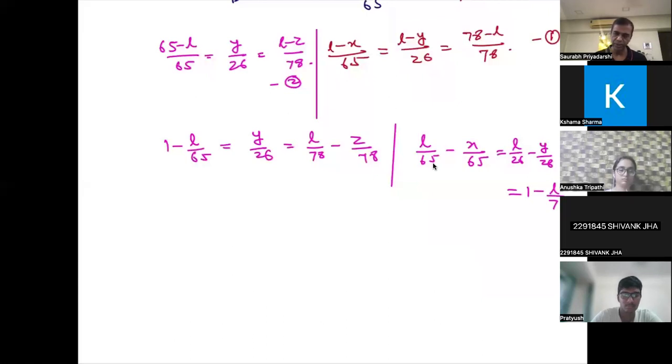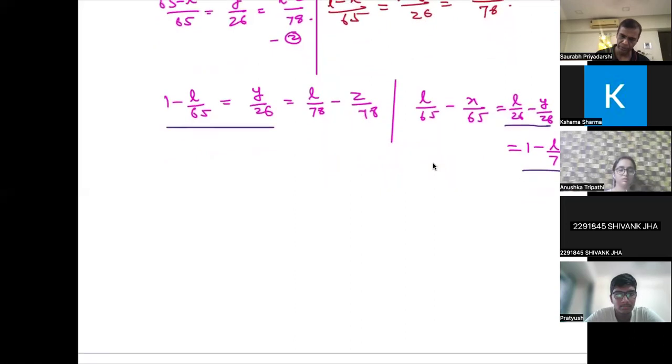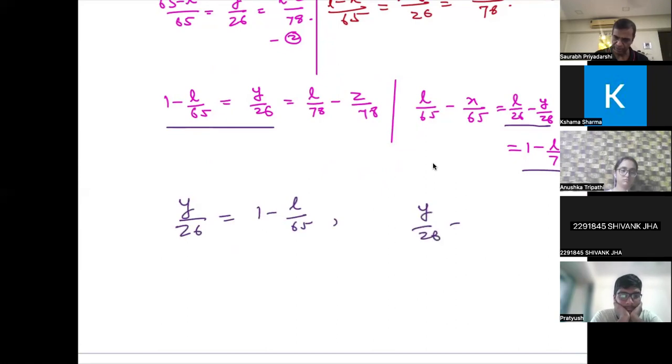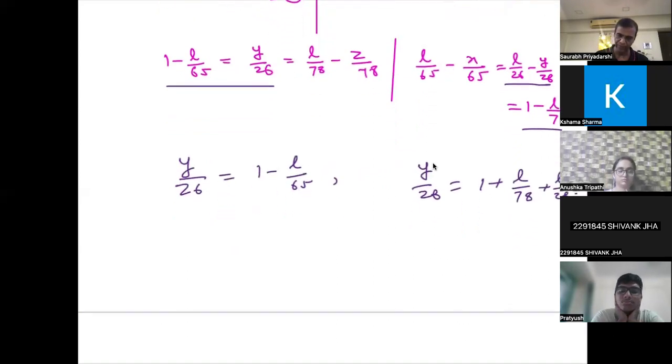Now, can you see this? If you can take these two, we can take these two, right? Are you getting this? So y by 26 is 1 minus L by 65. And from this, y by 26 is 1 plus L by 78 plus L by 26.